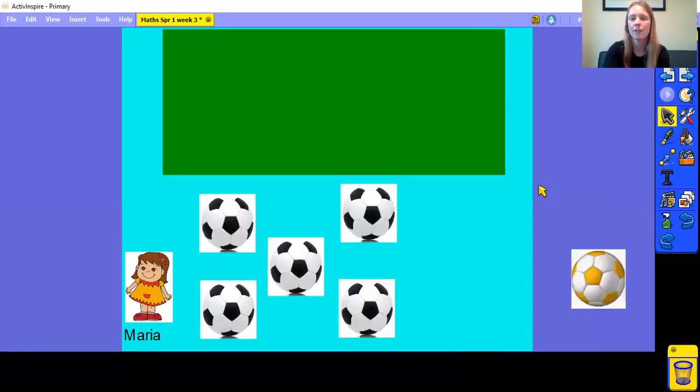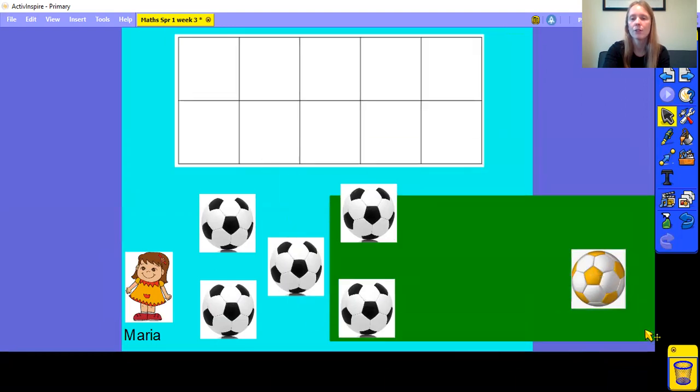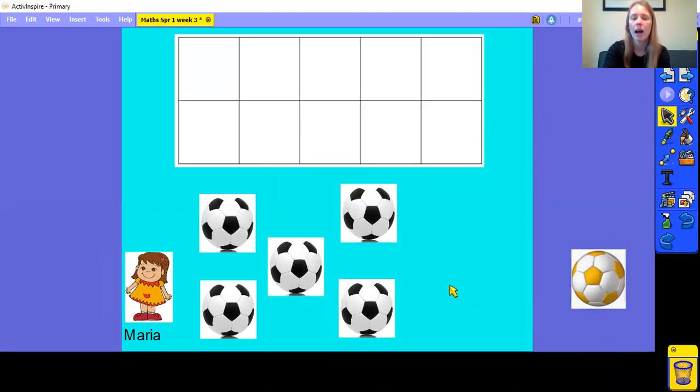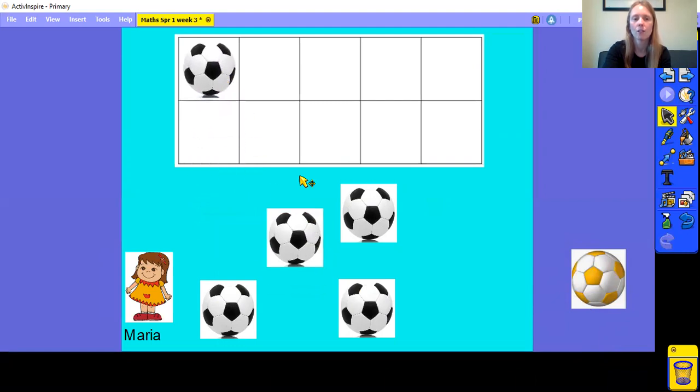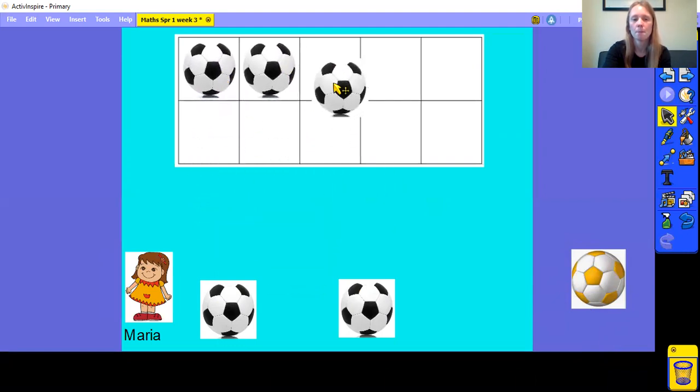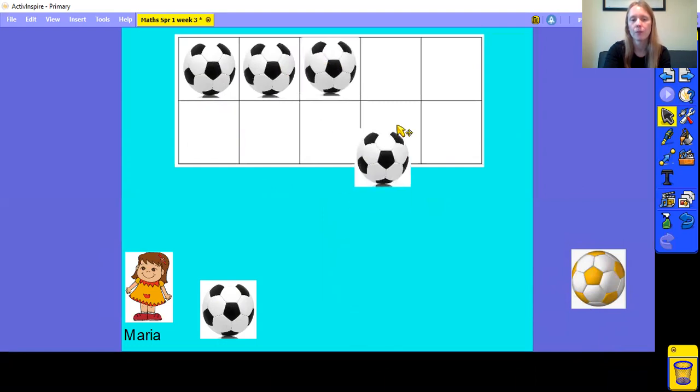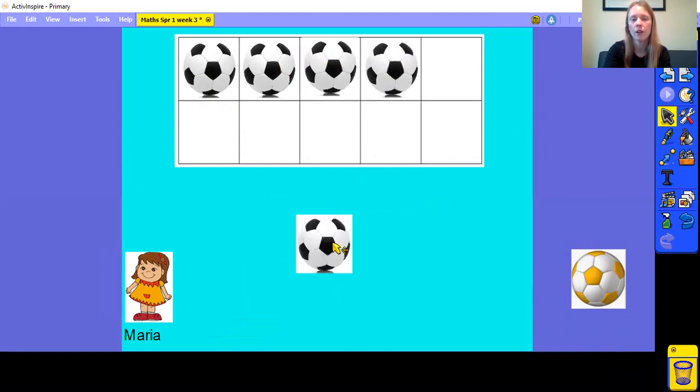Oh, here's a different number. Let's use the 10 frame to work out how many balls Maria had first. That's the black and white balls. How many more and how many she has now. Okay, first, Maria has 1, 2, 3, 4, 5 footballs.